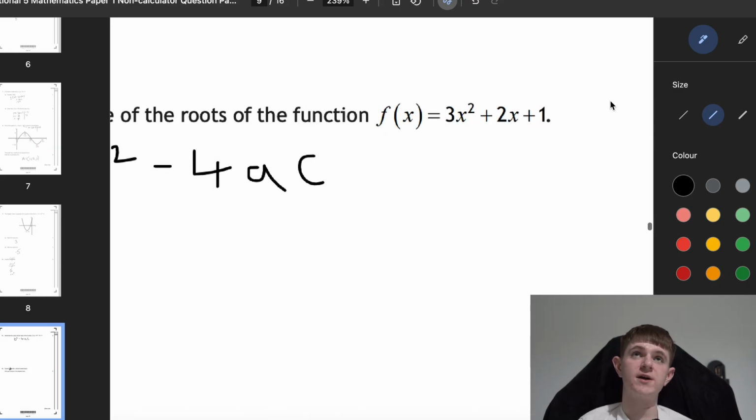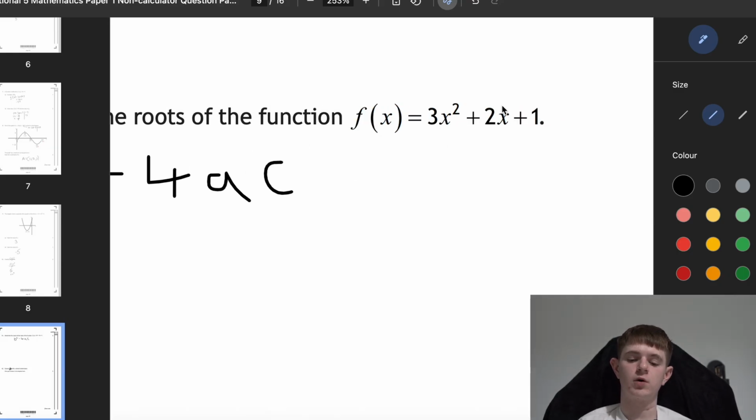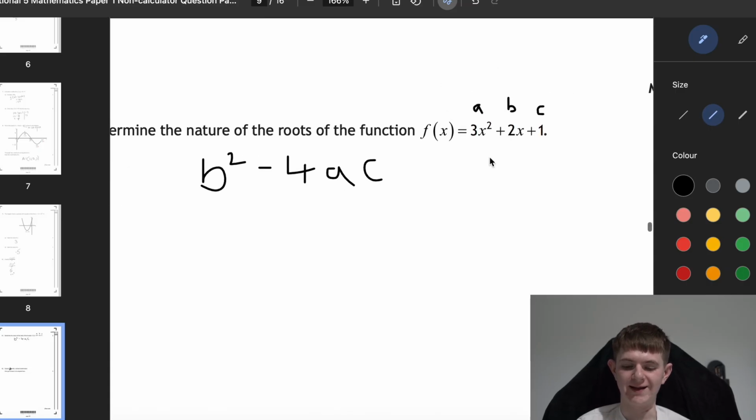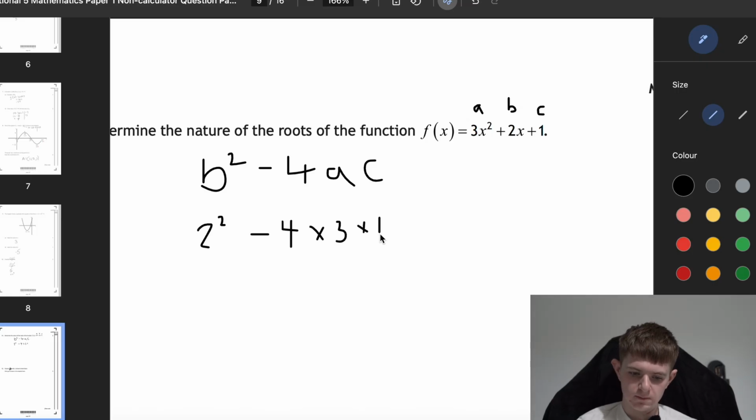Just like the straight line question where we had to label our coordinates A and B, we're going to do the same thing here. The x squared is going to be our a, the x is going to be our b, and that's going to be our c. We're literally subbing it in without the x's. So b squared, take away 4ac: you've got 2 squared, take away 4 times 3 times 1. 2 squared is 4.